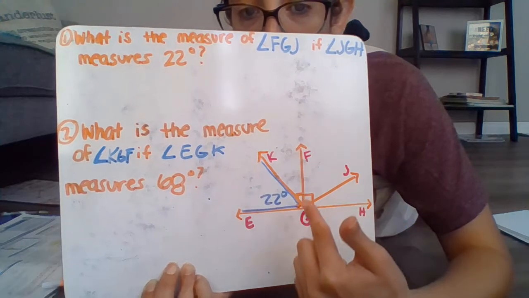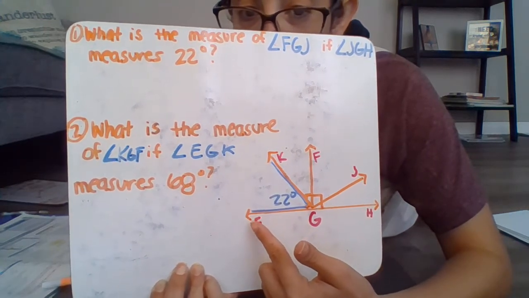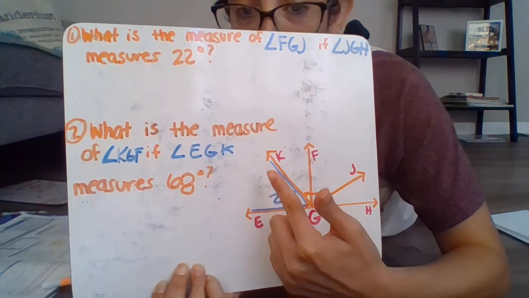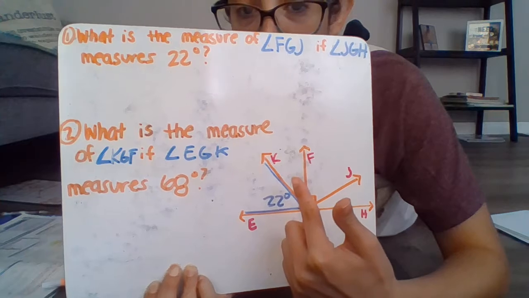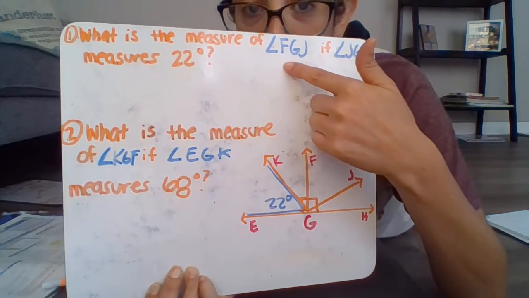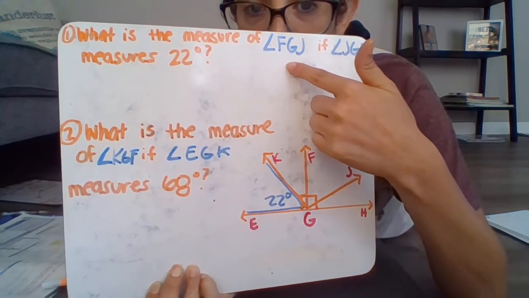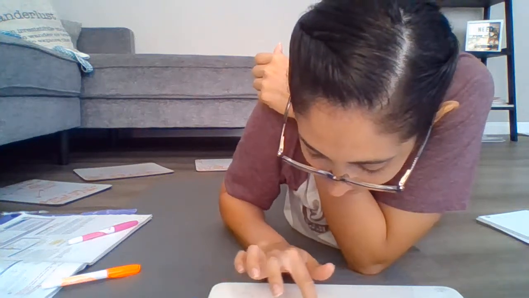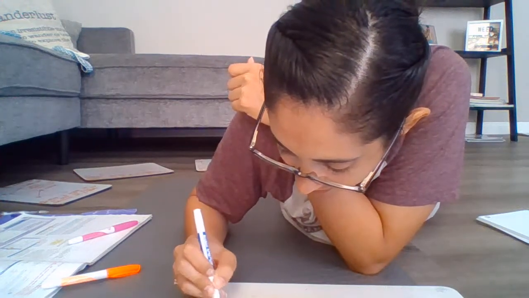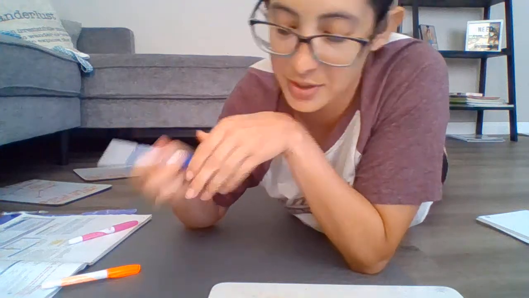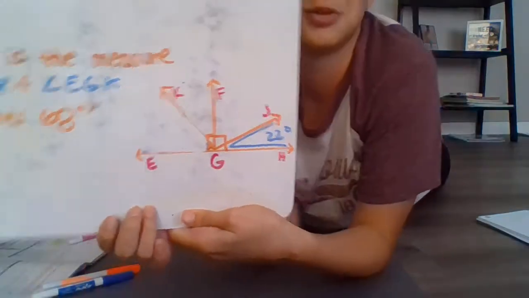So if this whole is 90 degrees and this part is 22 degrees, and this problem is asking me to find FGJ, whoopsie, I highlighted the wrong one. This is what you get when you write backwards. Okay, now we're good. So rewind.